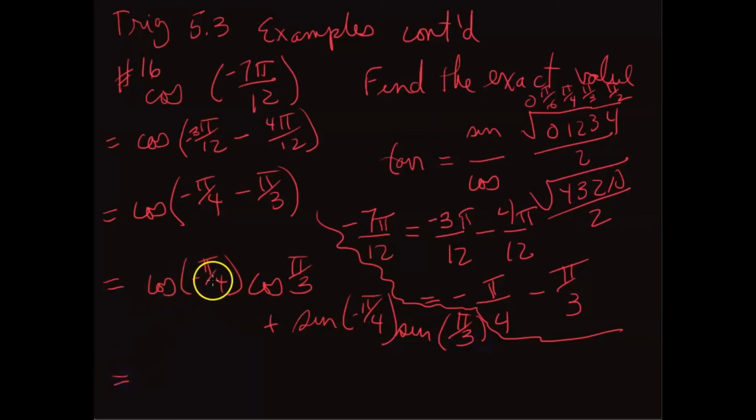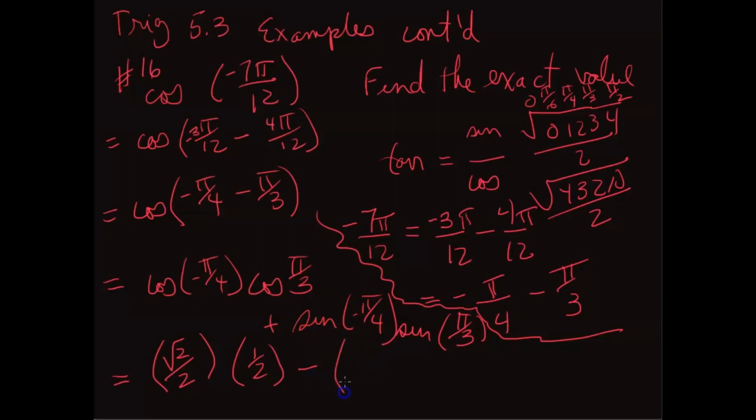The cosine of a negative is the same as the cosine of the positive because it's an even function. So cosine of pi over 4 is square root of 2 over 2. That's over here, cosine of pi over 4. Cosine of pi over 3 is 1/2. Plus, but this is the sine of a negative, so this is really going to become negative because it's an odd function.